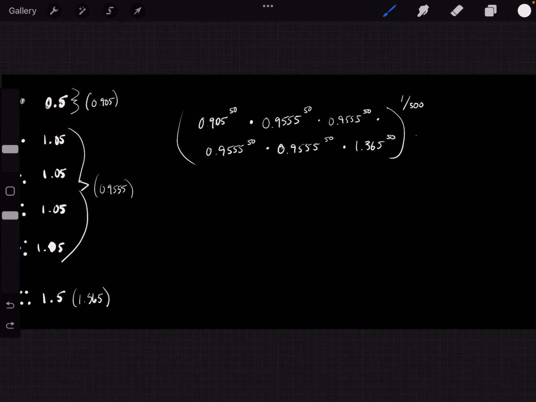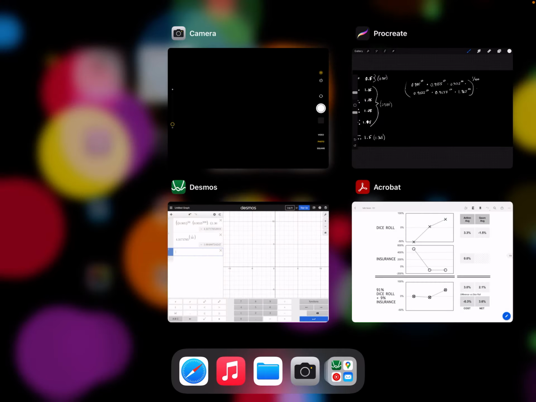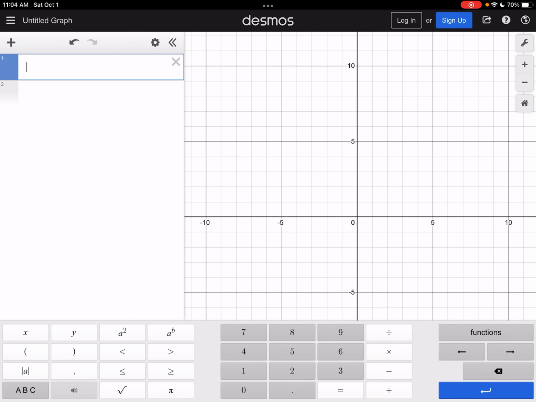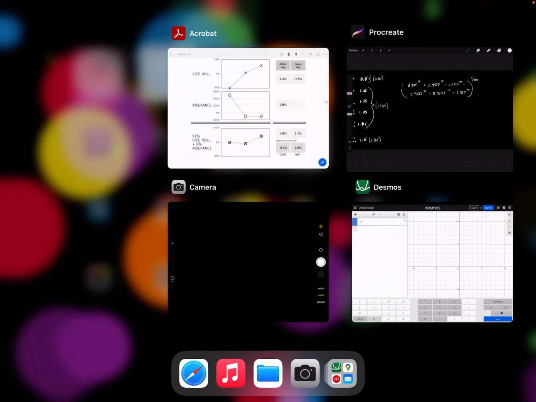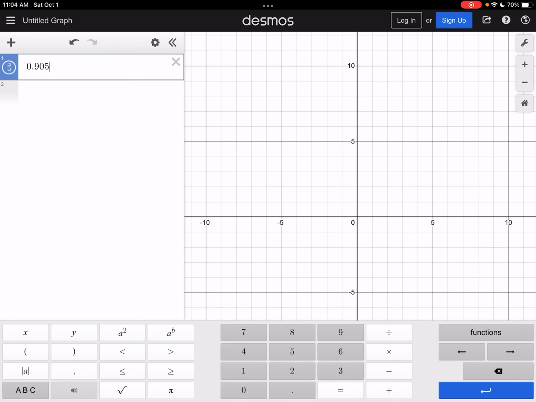So let's try that out. 0.905 raised to the power of 50, multiplied by 0.9555 raised to the power of 50. I'm pretty sure I'm able to raise it to the power of 200, but I'm going to be extra precautious and not do that.